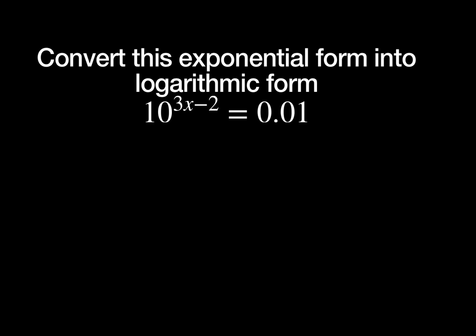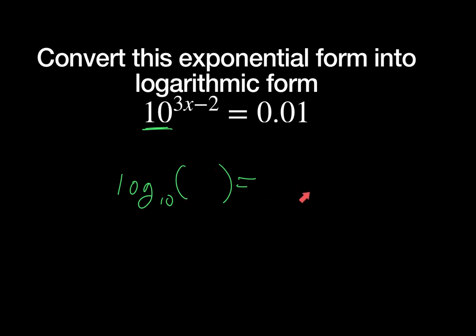So now we're going to convert this exponential into logarithmic. What's my base? My base is 10. So it's going to be log base 10. I'm going to have an equal sign. I'm going to have something here. Which one's the exponent? In a logarithm, we just wrote it on the previous slide.